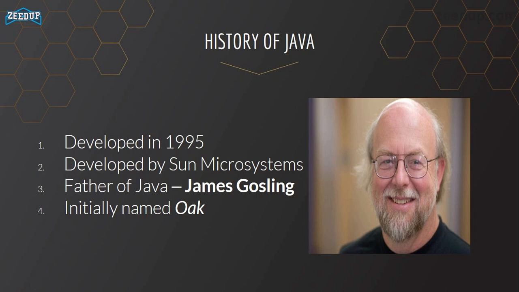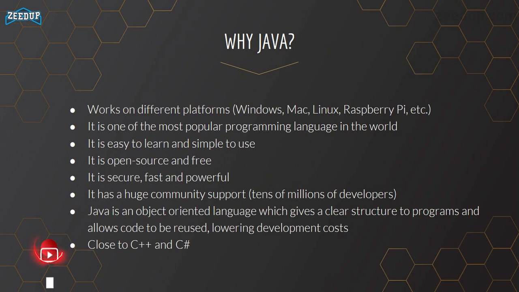You must be wondering, what are the advantages of Java or why should I learn Java? There are a couple of reasons why people go for Java, which makes it one of the most beloved programming languages for developers. The first and most important reason is that it works on different platforms.